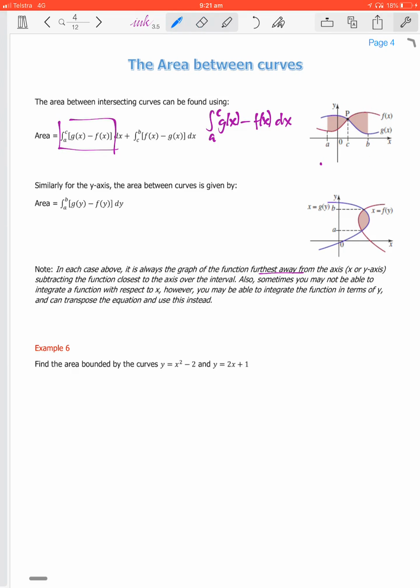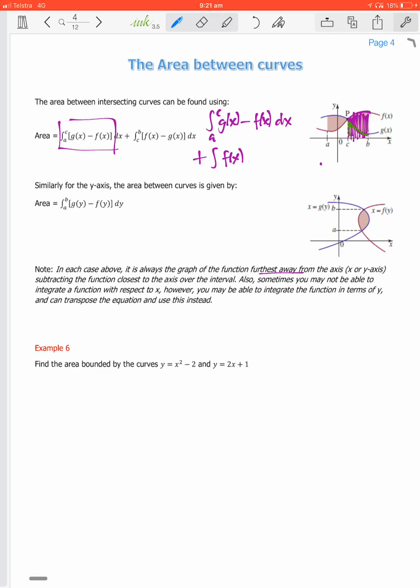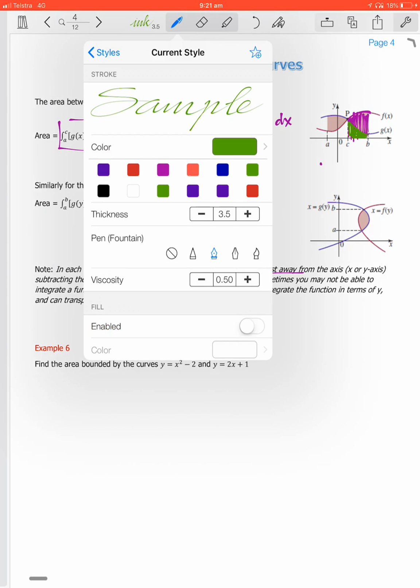What you will notice over here is that they swap and f of x becomes higher than g of x. So in this case, I've got to do the area under f of x, which would be this purple area, minus the area under g of x, which would be this green area, and that will give me the area in between them.